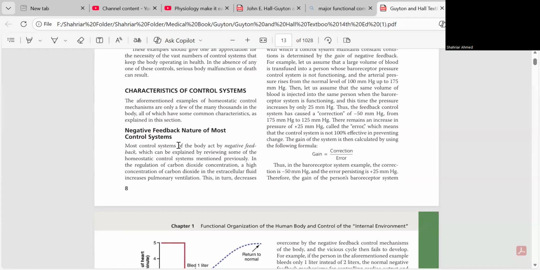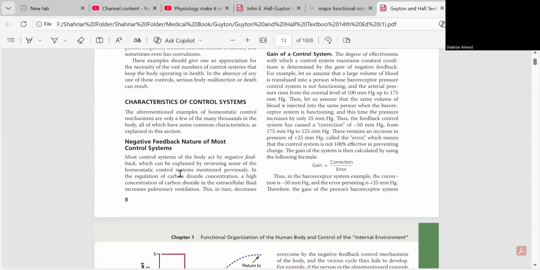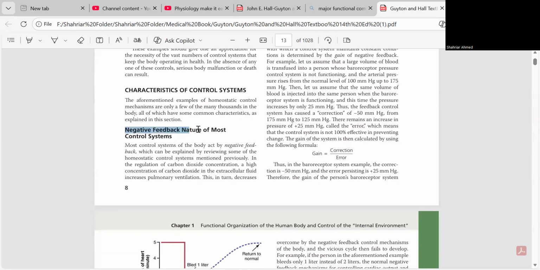How is homeostasis controlled? There are two control systems: negative feedback and positive feedback control systems. Negative feedback is the nature of most control systems. The body is controlled mainly by the negative feedback control system.